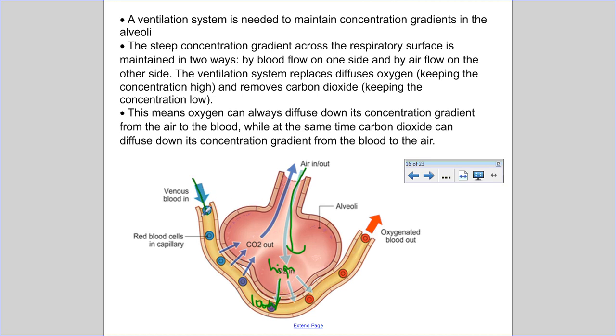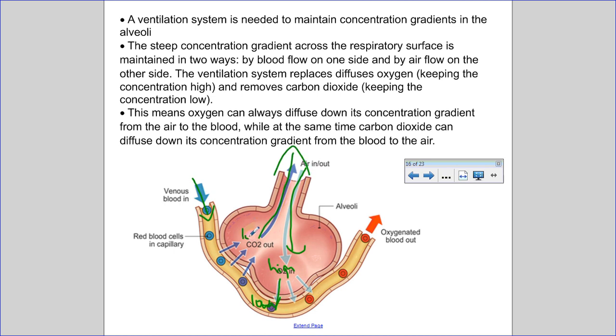Now the red blood cells coming into the lungs and coming in close contact with those alveoli are going to be low in oxygen and high in CO2. So the lungs will also maintain a CO2 gradient by moving carbon dioxide gas out.